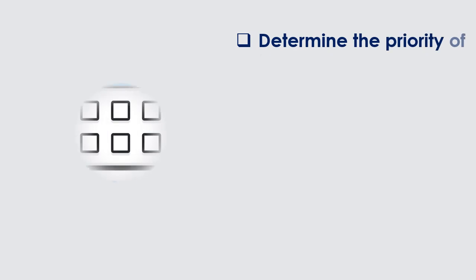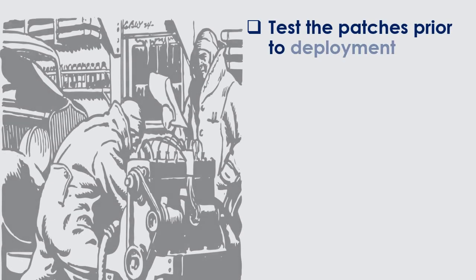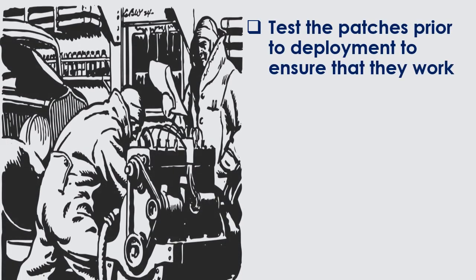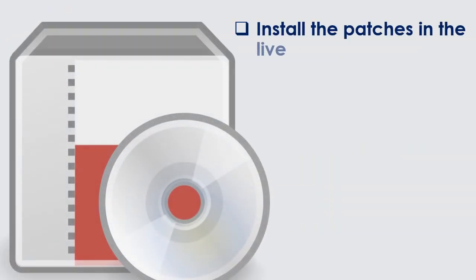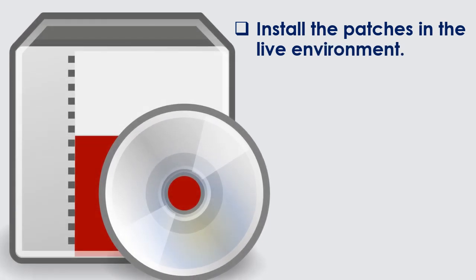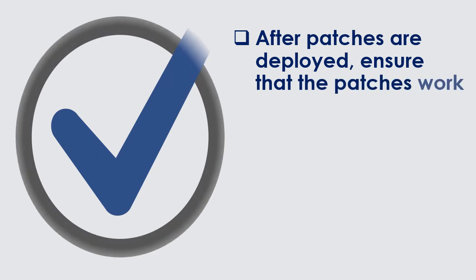Determine the priority of the patches and schedule the patches for deployment. Test the patches prior to deployment to ensure that they work properly and do not cause system or security issues. Install the patches in the live environment. After patches are deployed, ensure that the patches work properly.